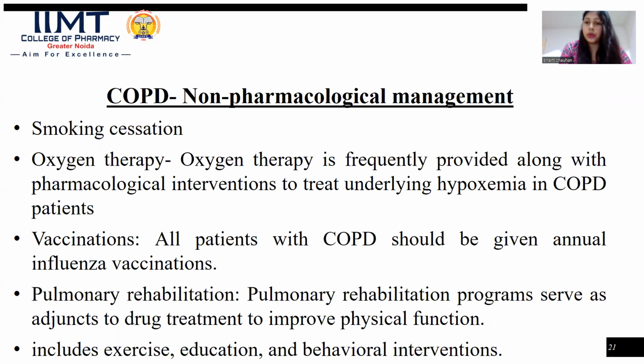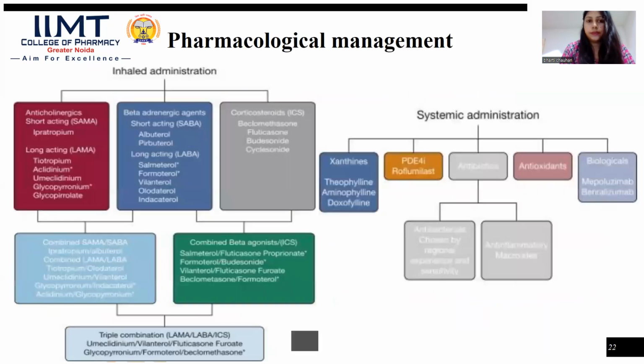Vaccination: all patients with COPD should be given annual influenza vaccination. Pulmonary rehabilitation program: you can join it along with drug treatment to improve physical function, and you can do exercise, education, counseling, and behavioral intervention.